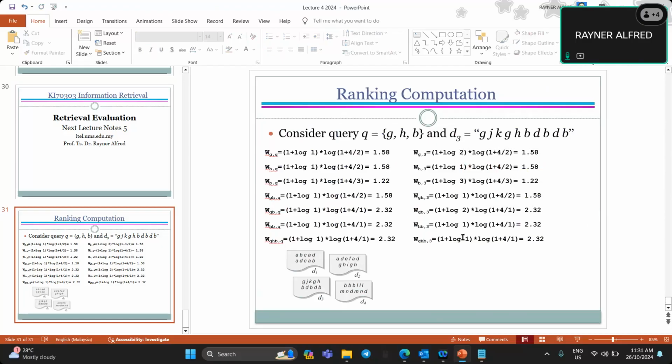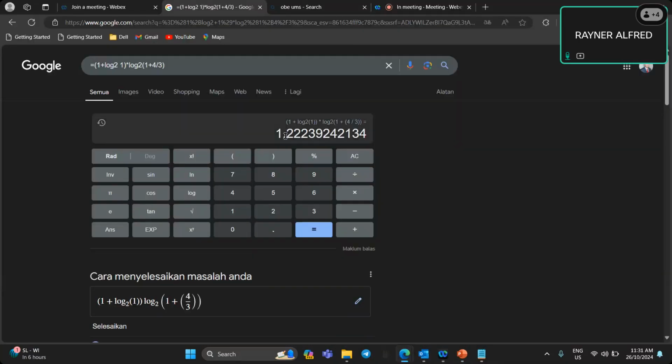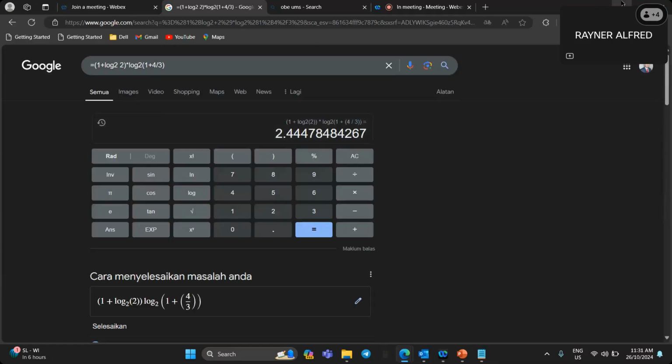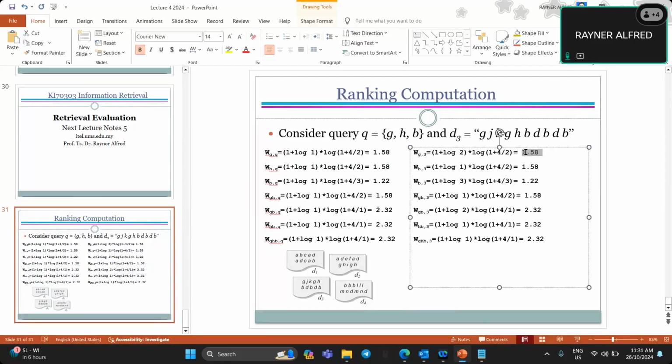Just 1 only. GHB, only 1. So how much do we calculate this to be? Is this 2.44? Do you understand?